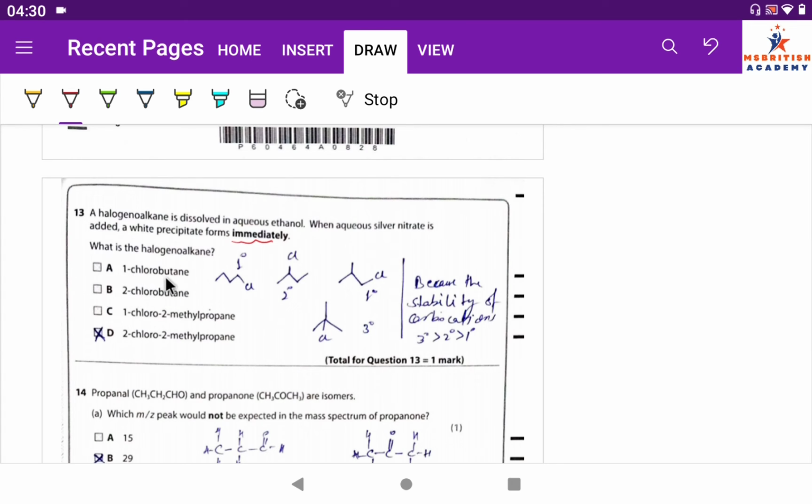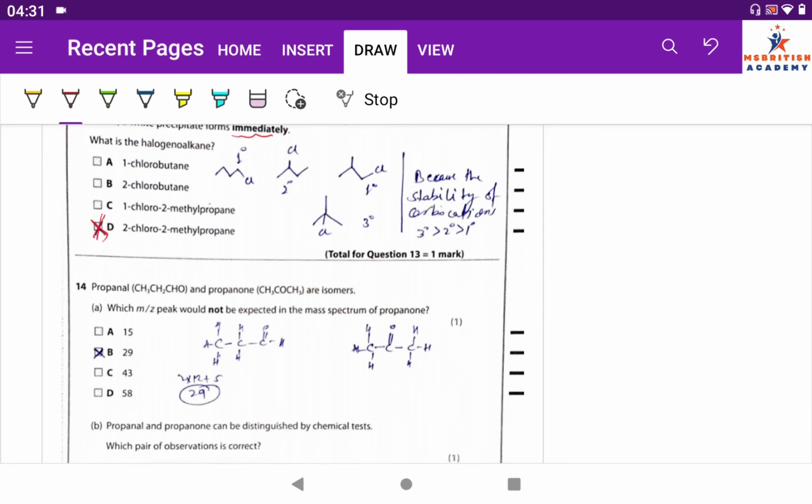We have 1-chlorobutane, 2-chlorobutane, 1-chloro-2-methylpropane, and 2-chloro-2-methylpropane. So it is primary, secondary, primary, and tertiary. Because the stability of the carbocation is tertiary, then secondary, then primary, the tertiary one will react faster and therefore form the precipitate immediately. So 13 D is correct.